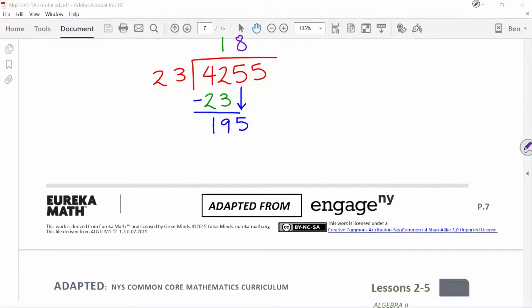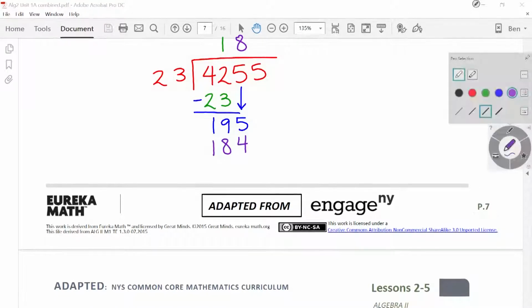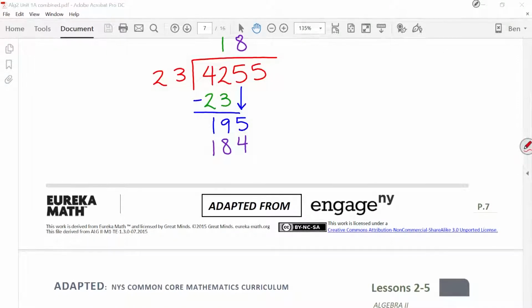So 8 times 23 is 184. I do the same thing and I subtract 195 minus 184 and I get 11. I then bring down the 5 and I start all over again.